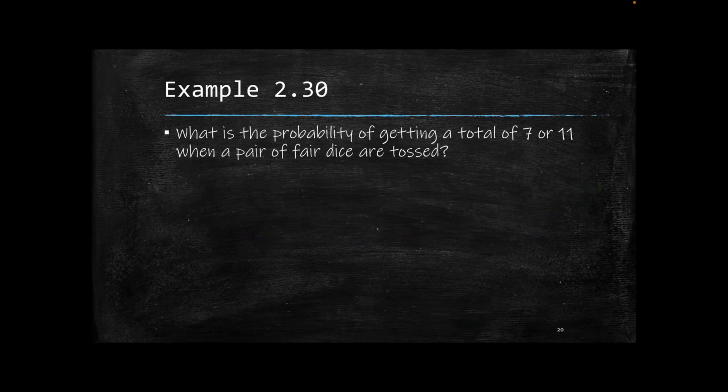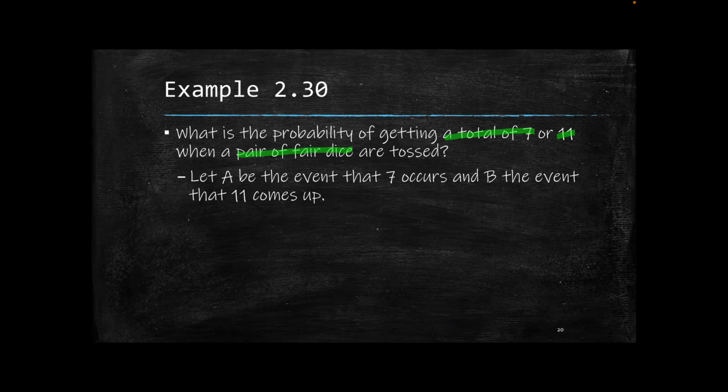Next, what is the probability of getting a total of 7 or 11 when a pair of fair dice are tossed? Let A be the event that 7 occurs and B the event that 11 comes up.